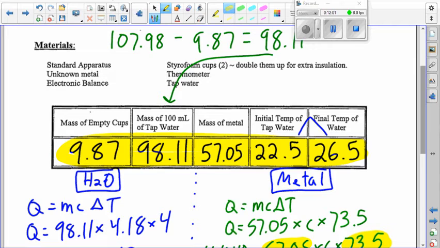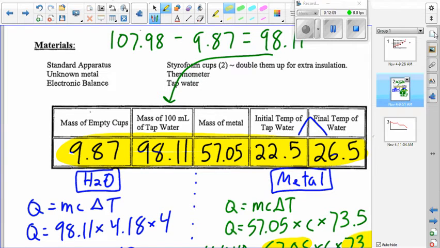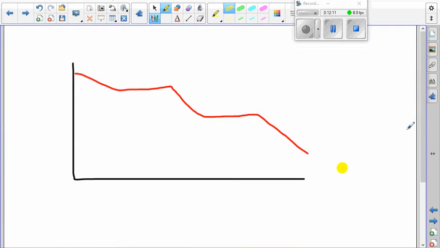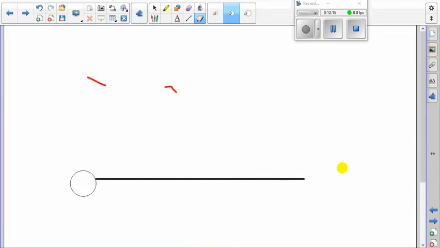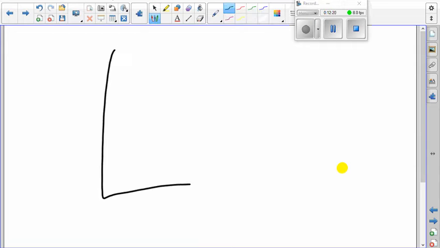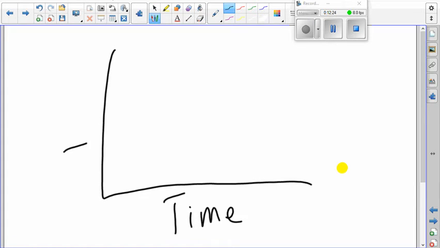You don't have to write this down, but I'm going to come at you guys with a few questions here. The other part of your quiz will be over graphs that look something like this. Time, temp.